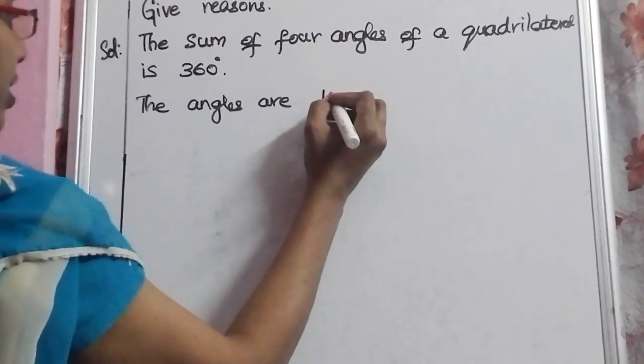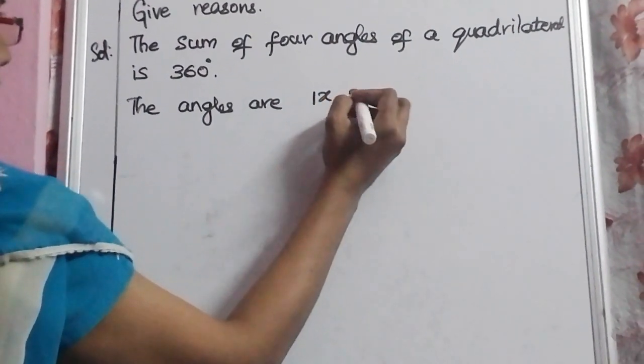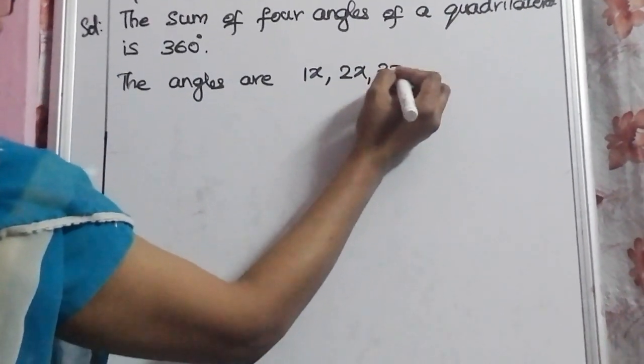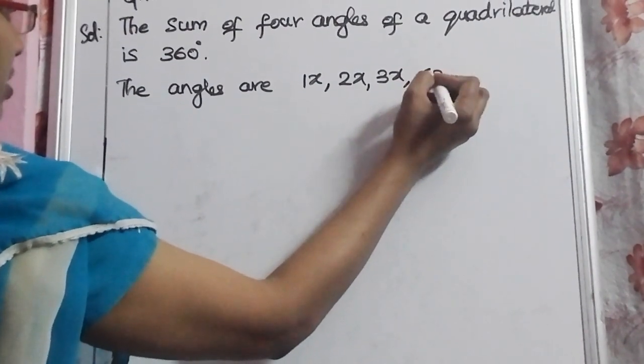The angles are, since the ratio is given, 1x, 2x, 3x, 6x.